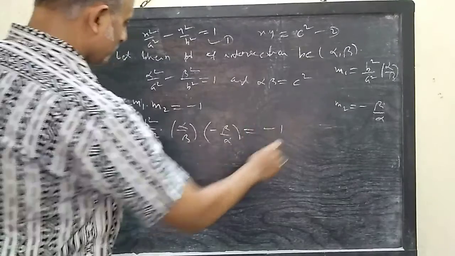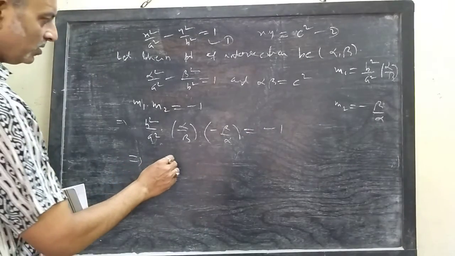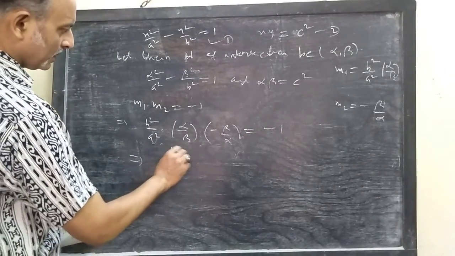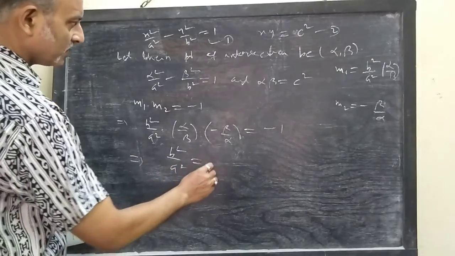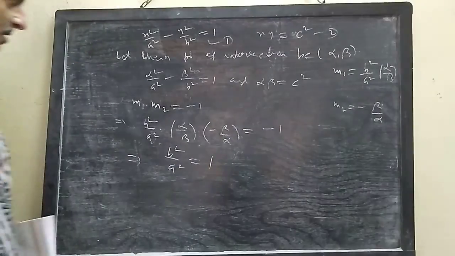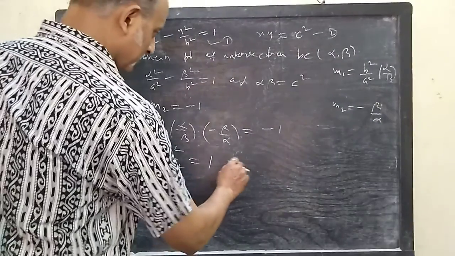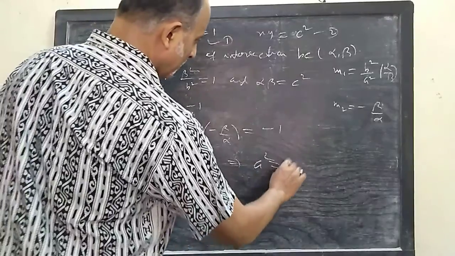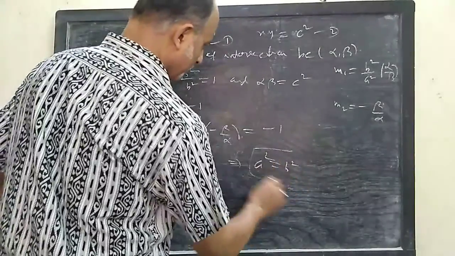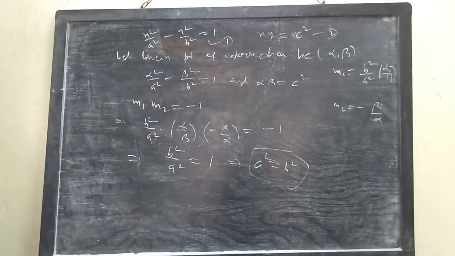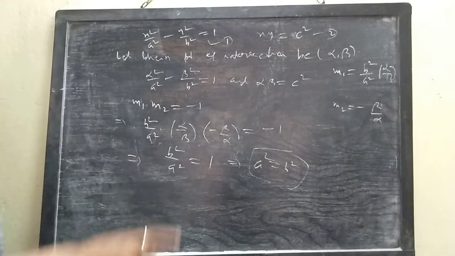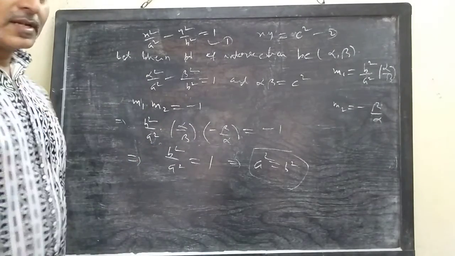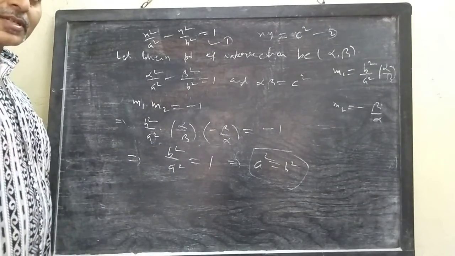This is minus 1. So ultimately you get b square by a square equals 1. Minus 1 cancelled, so b square by a square equals 1. That implies you get a square equals b square. This is the required condition under which curves 1 and 2 intersect or cut orthogonally.